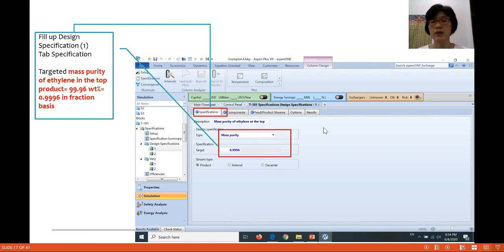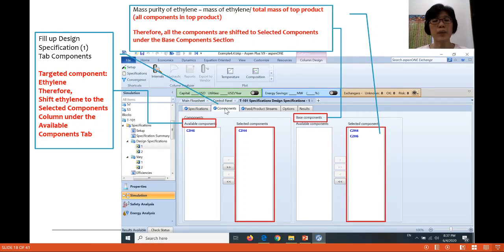Let's move on. Under the component tab, you have to tell the system what are the components that we are targeting. So we are targeting ethylene. Originally you have a list here on your left. So you have to shift ethylene to the right-hand side as your targeted component.